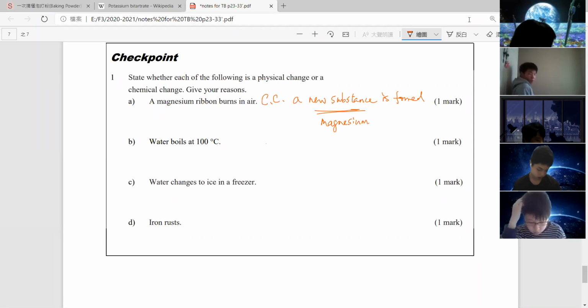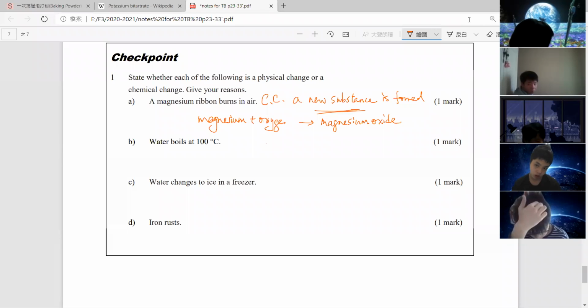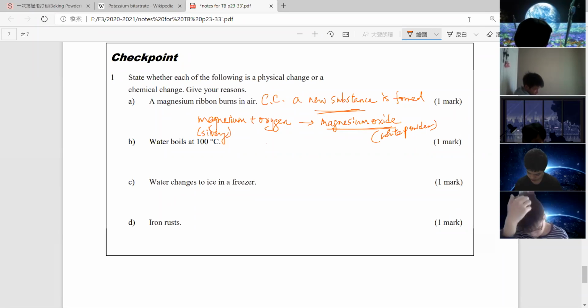The reaction is magnesium plus oxygen in air at high temperature to form magnesium oxide. Magnesium oxide is a white powder, while magnesium is a silvery strip. Of course, oxygen is a colorless gas.